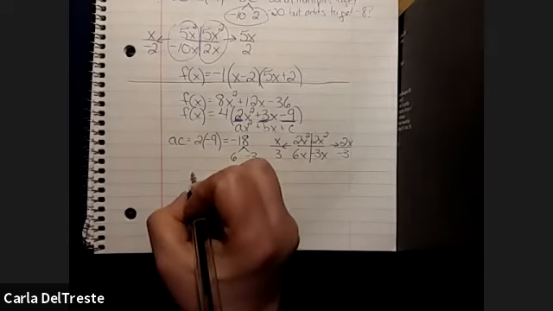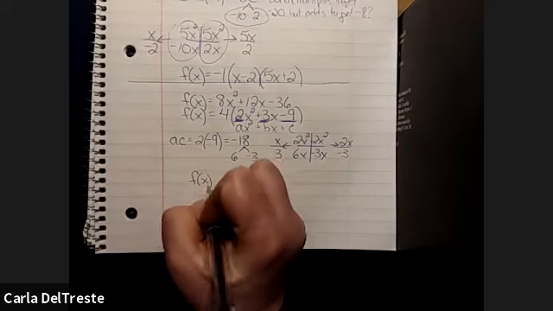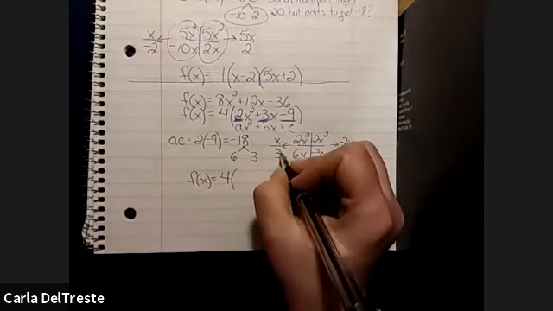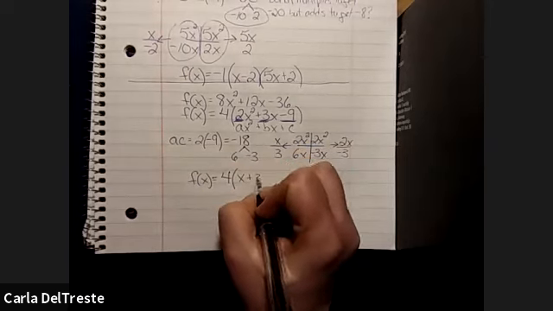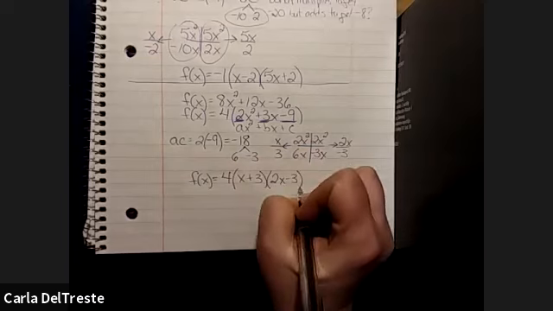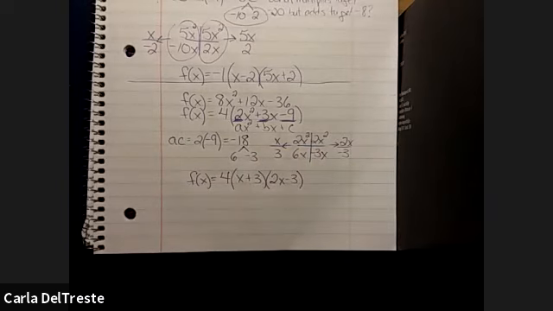And then I put the whole function back together. GCF was 4. And now my 2 parentheses are going to be x plus 3 and 2x minus 3. And again, if you wanted to pause here and redistribute, you can verify that you get the same polynomial back.